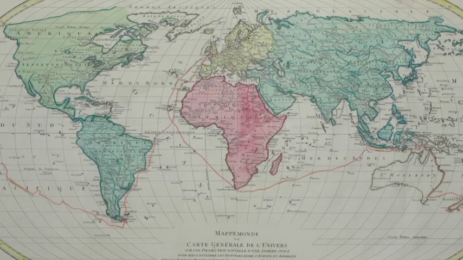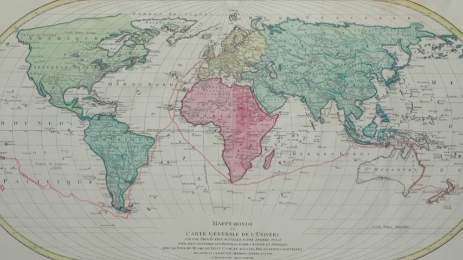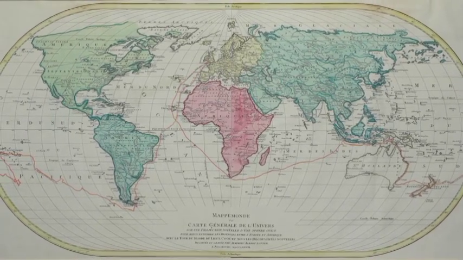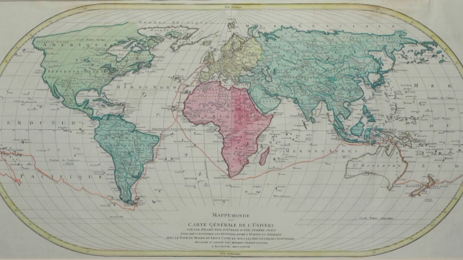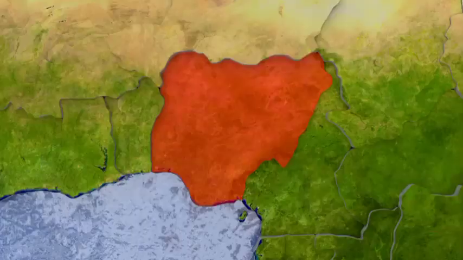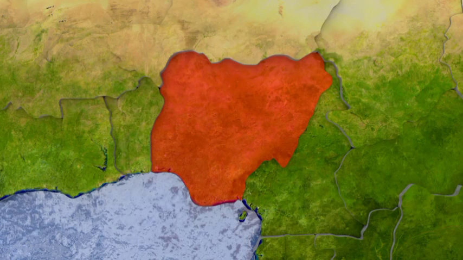Looking at the size, we said Nigeria is the 4th largest country in West Africa in terms of land area after Niger Republic, Mali, and Mauritania. The total land area of Nigeria is approximately 923,768 square kilometers, and the greatest distance from east to west is approximately 1,300 kilometers, while from north to south is about 1,100 kilometers.